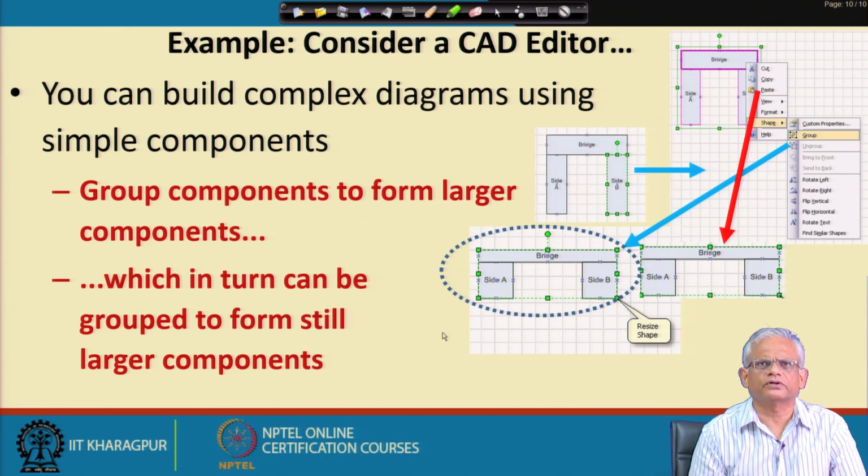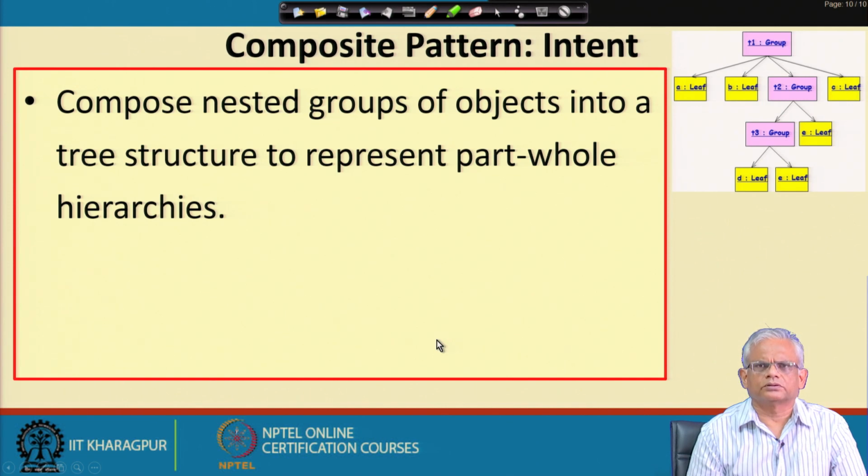Now, our focus here is how do we use the composite pattern, what is a good solution for this problem. The intent of the composite pattern is to compose a nested group of objects into a tree structure that represents part-whole hierarchies.